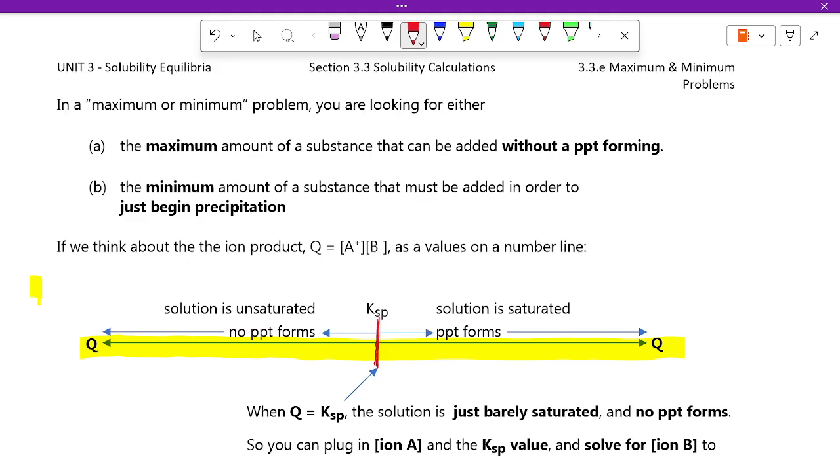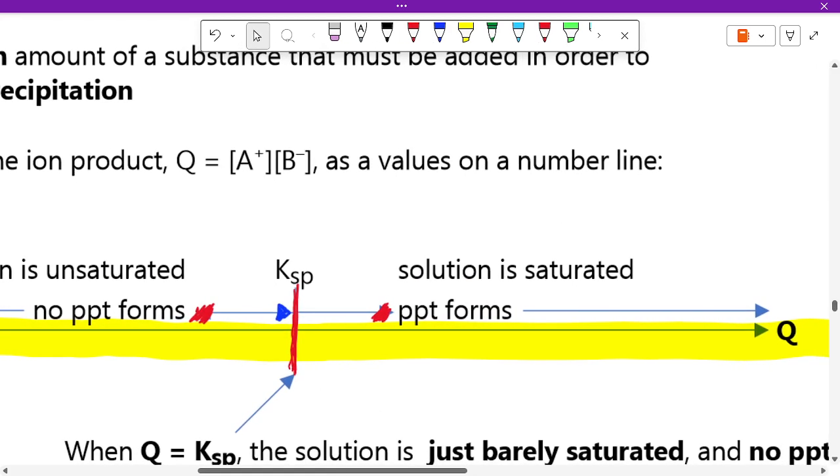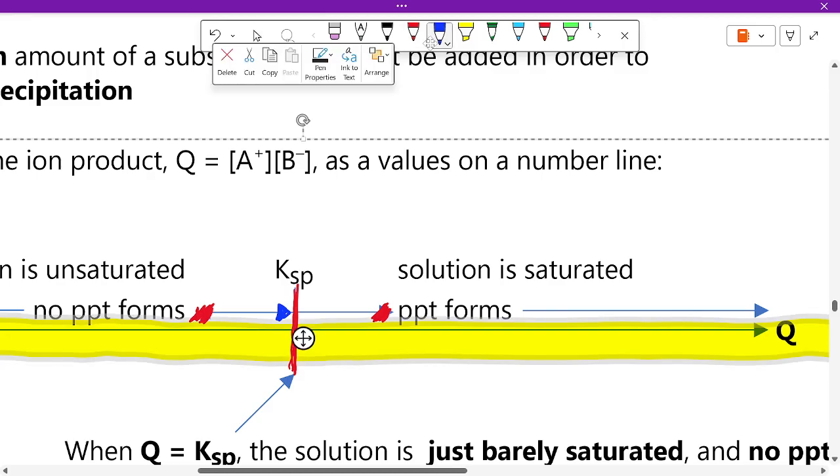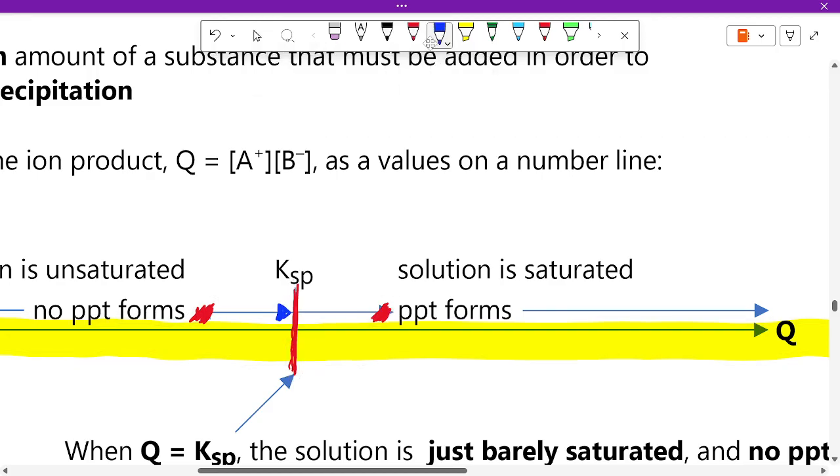I feel like these arrowheads are in the wrong place. Okay, get rid of that and put the arrowhead over here. There we go, that's better. No precipitate forms, and we're going to add the arrowhead here.